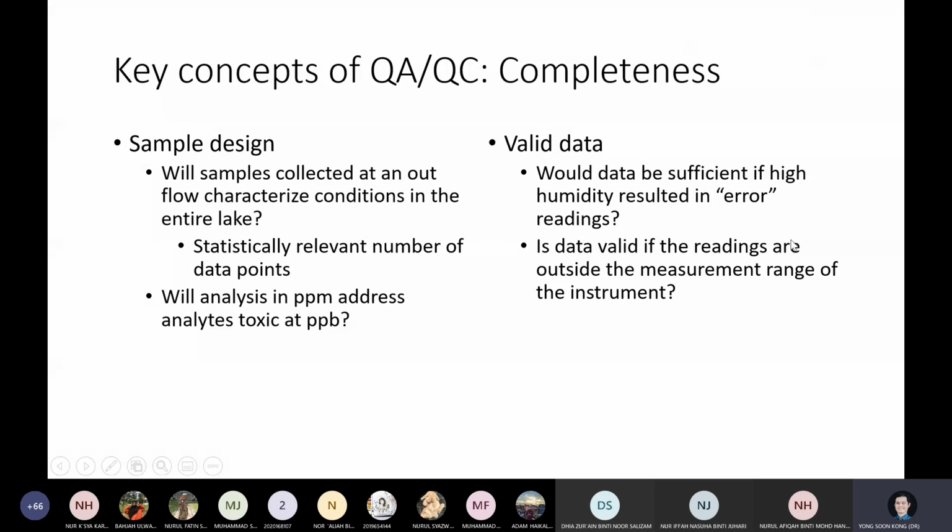So for validity of data, first of all you're going to determine the percent recovery to measure the precision and also the accuracy of your data. Most of the discussion regarding validity of data revolves around the interpretation of all your QC samples earlier.